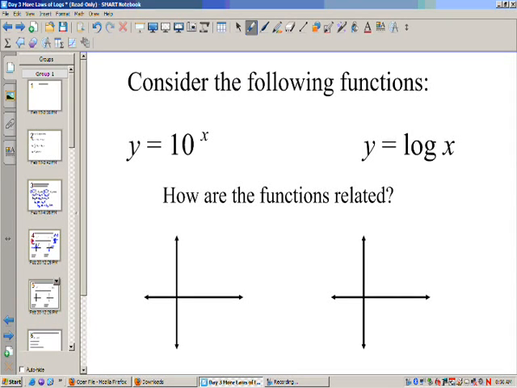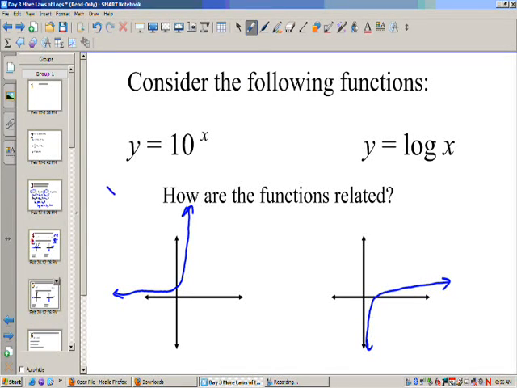Alright, also, with 10 to the x and log base 10, we could graph these on our calculator. Log base x starts close to the axis, curves pretty quick.